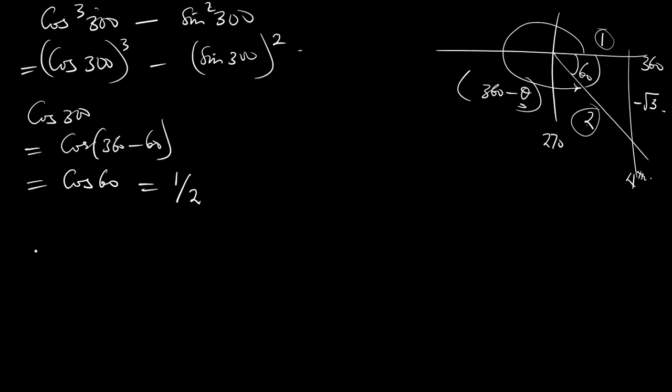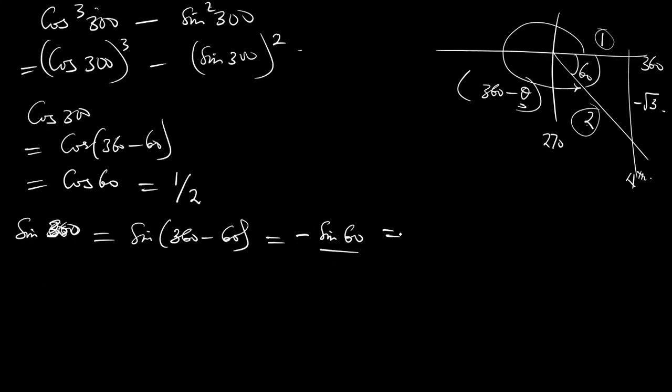Then sine 300. So it's the same thing, it falls on the fourth quadrant. So you have sine 360 minus 60. So this will give us minus sine 60.